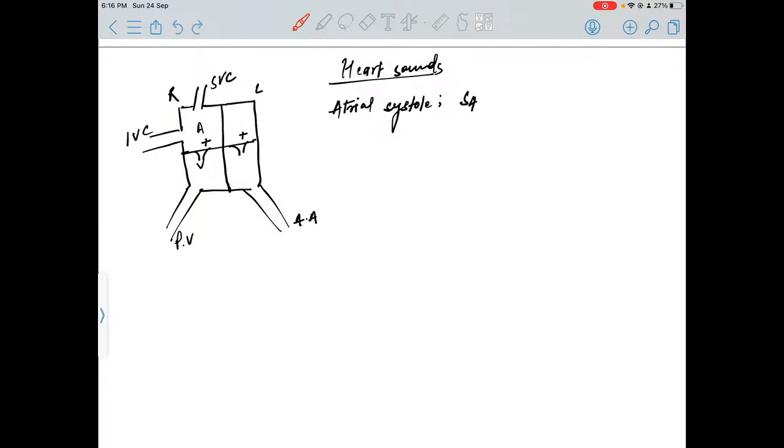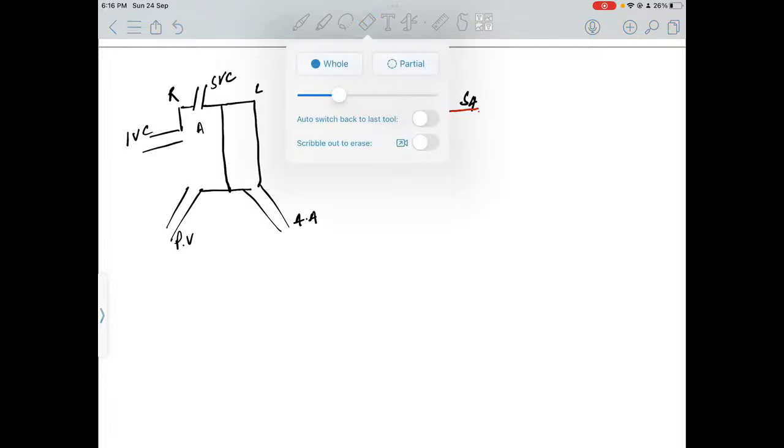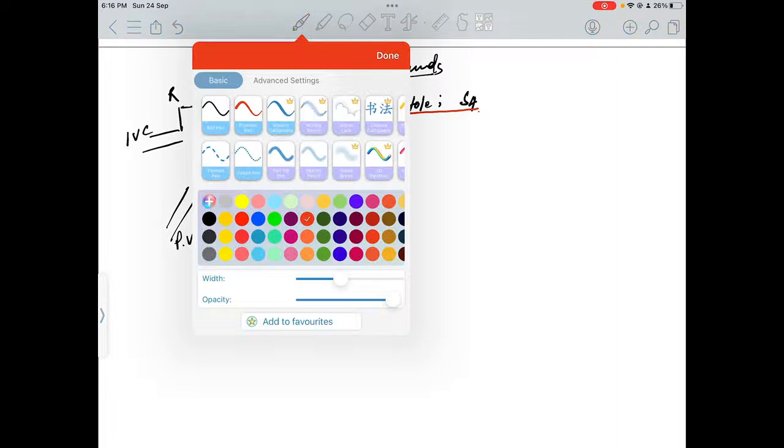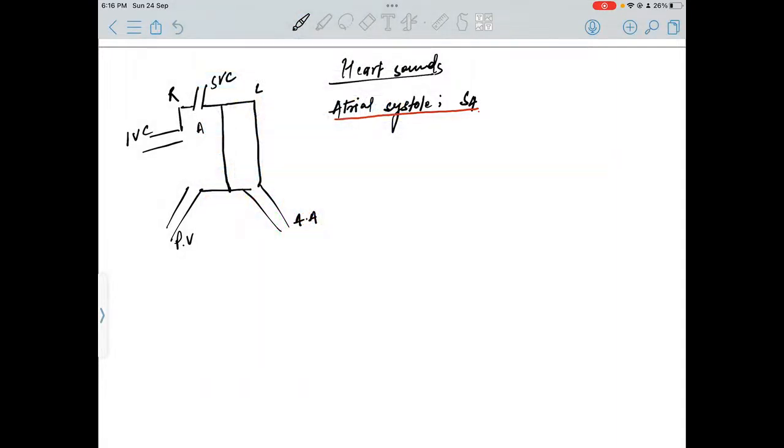Now after an atrial systole, we tend to close these things. They close. So what happens is, when they close, the mitral valve and tricuspid valve shut.